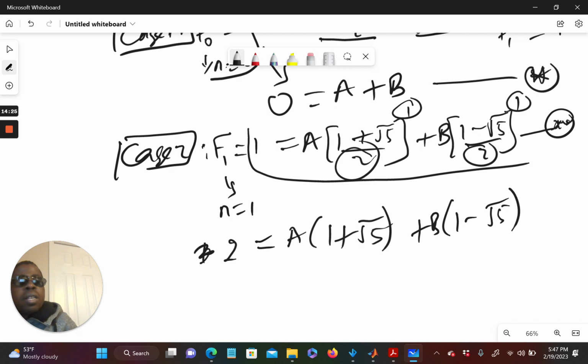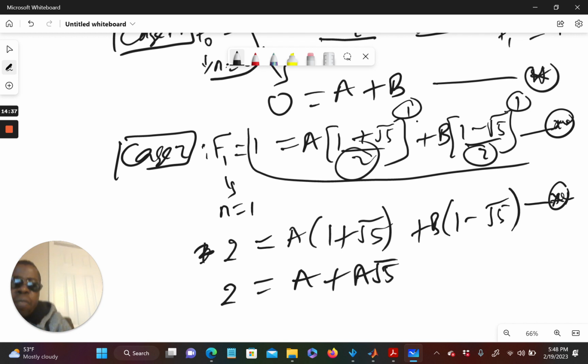That's equation star star. I'm just trying to rewrite it. Now, if I expand this further, I'm going to have 2 equals a plus a root 5 plus b minus b root 5.